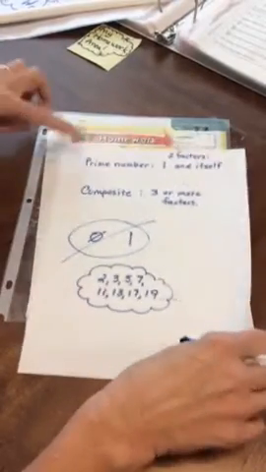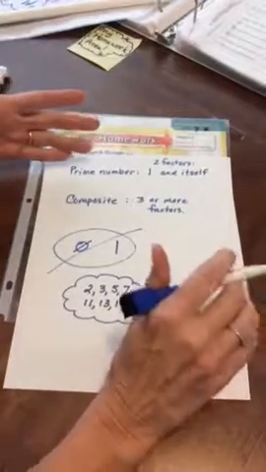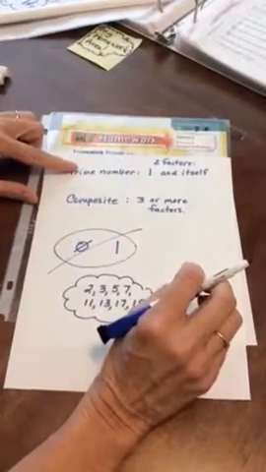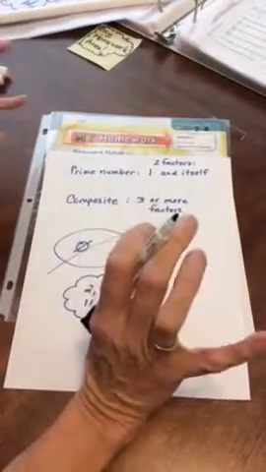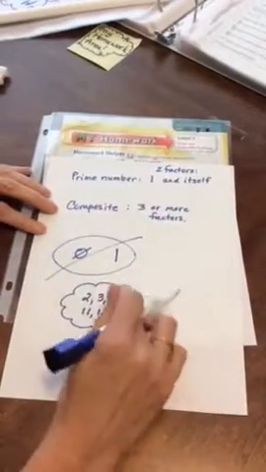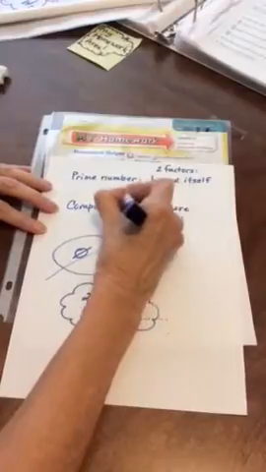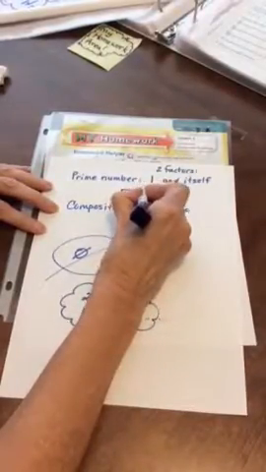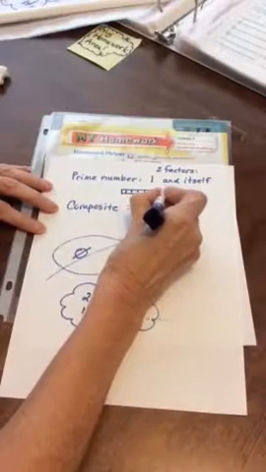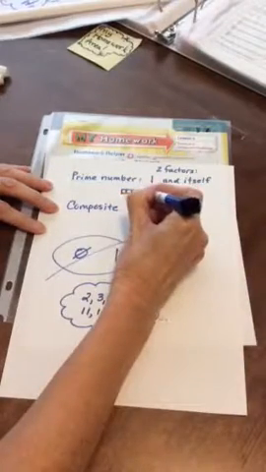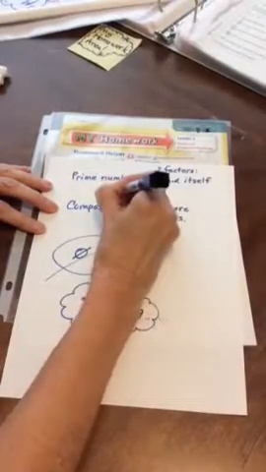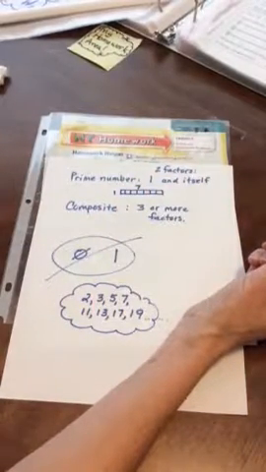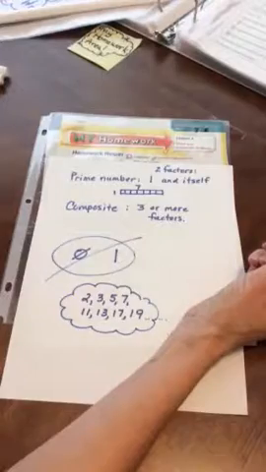Okay, so now that we've decided what a prime number is, we also know that if we're making an array, a prime number can only have one possible combination. Like if we're doing the number 7, we can only make an array 1, 2, 3, 4, 5, 6, 7. This is the only way that I can make an array with the number 7, and that's because it is a prime number.